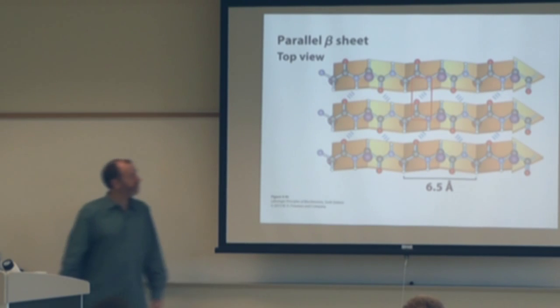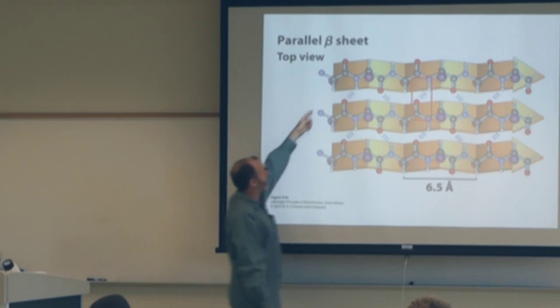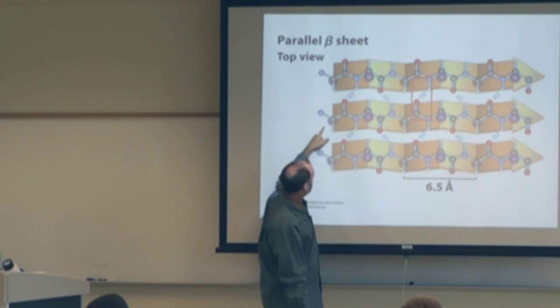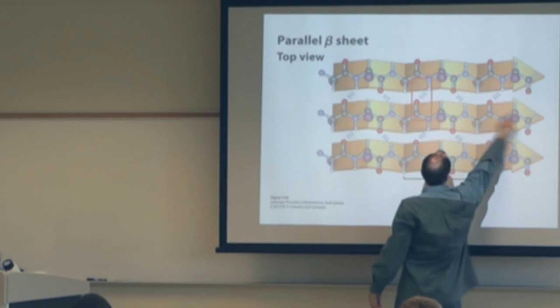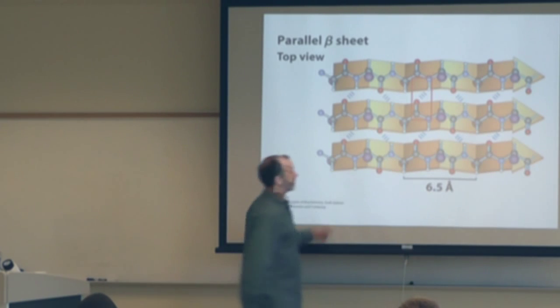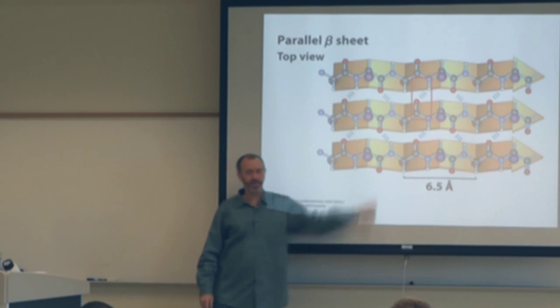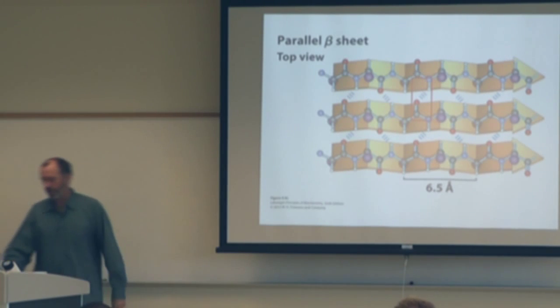Parallel beta sheets, though, are like this. They're both going amino terminus to carboxy terminus throughout, and they go the same direction in all the corresponding strands. If you notice, they're not exactly straight with the hydrogen bonds, so they're not as strong either.